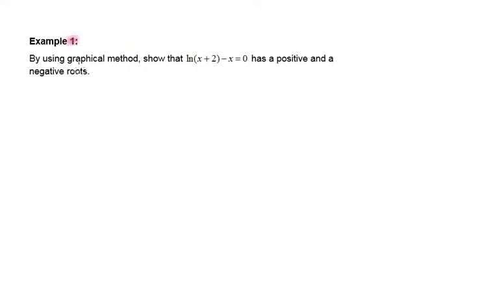Example 1. By using the graphical method, show that the equation ln(x plus 2) minus x is equal to 0 has a positive and a negative root. Before we do anything, we make x the subject: x is equal to ln(x plus 2).